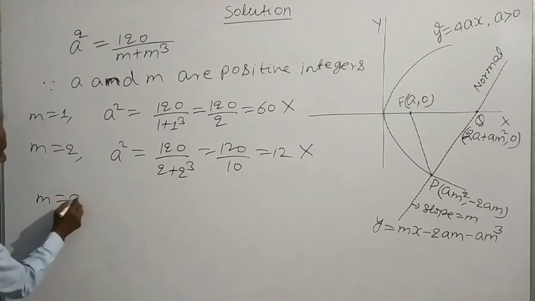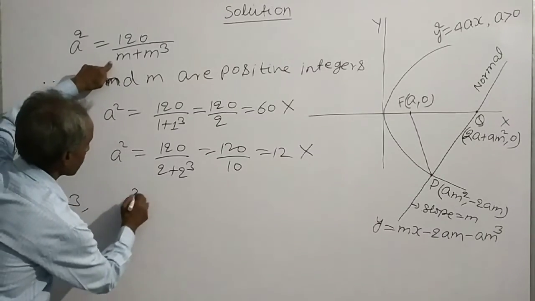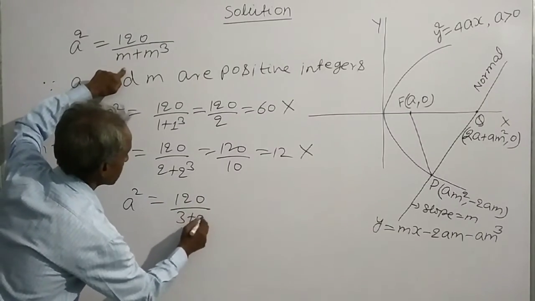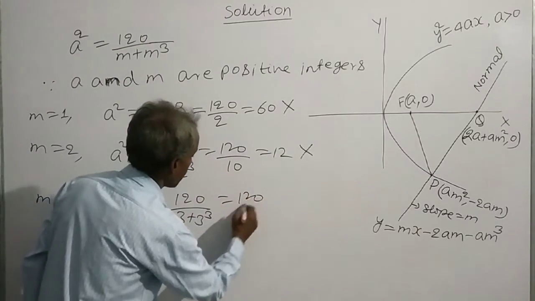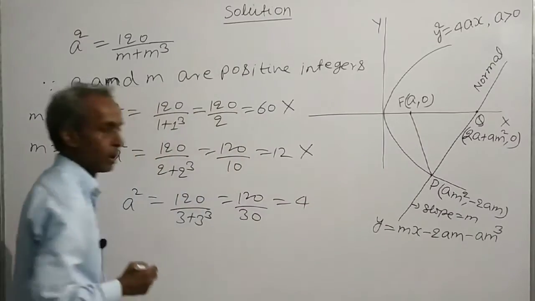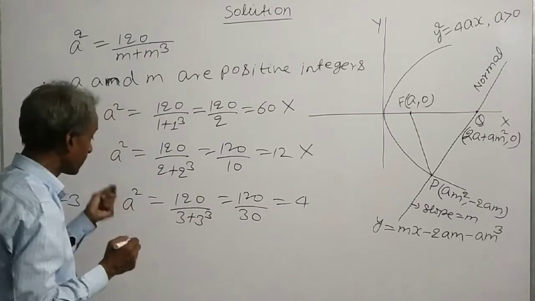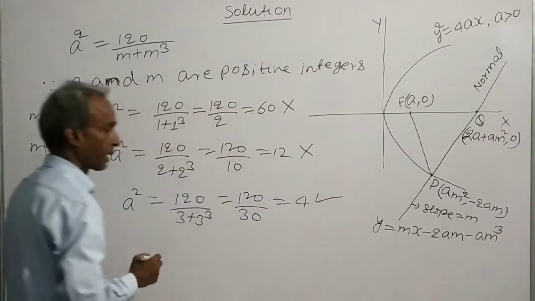When we put m is equal to 3, we get a square is equal to 120 by (3 plus 3 cube), that is 120 by 30, that is equal to 4. 4 is a square of a positive integer 2, therefore this value is acceptable.